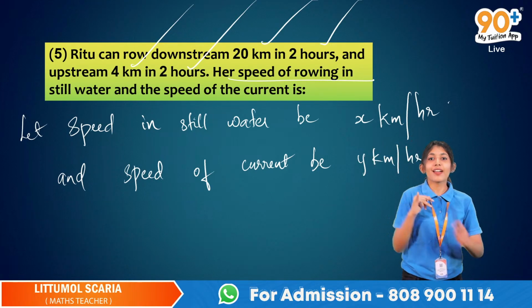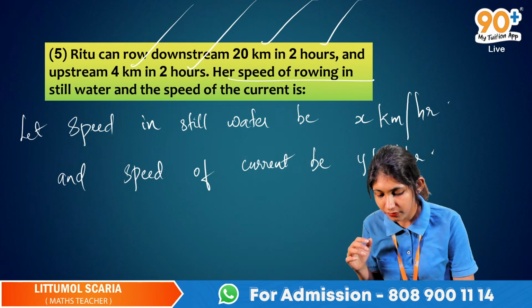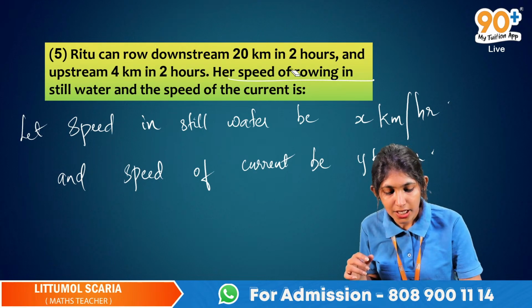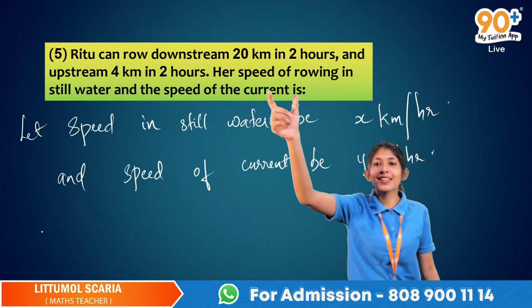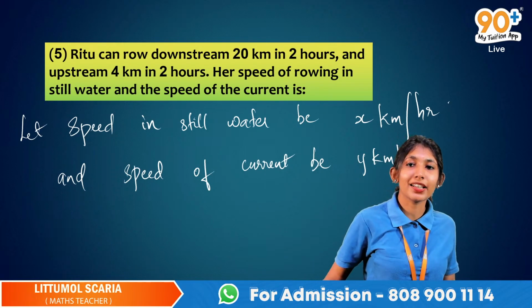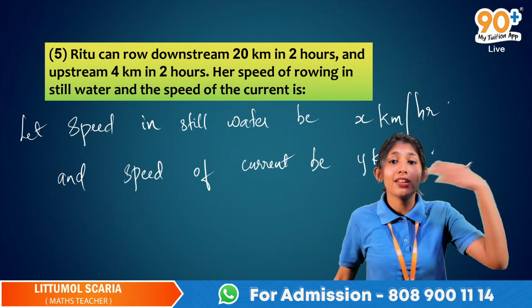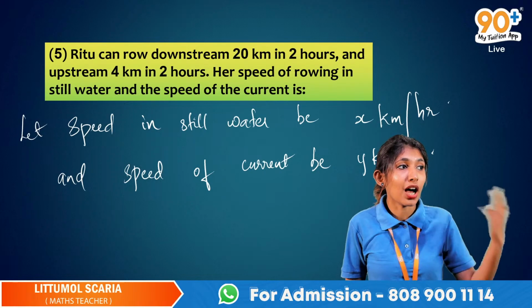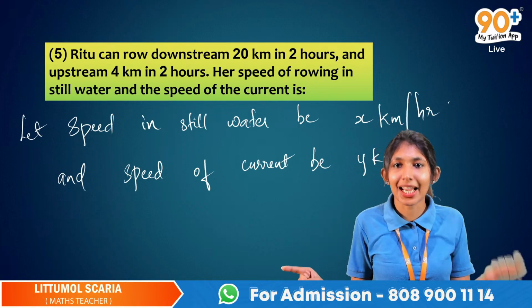We are asked to find the speed. What is given in the question? Question: find the speed of still water, find the speed of current. Given data: kilometers in hours. You are not given the speed, you are given the distance and the time, right?